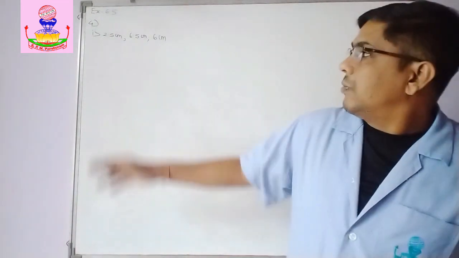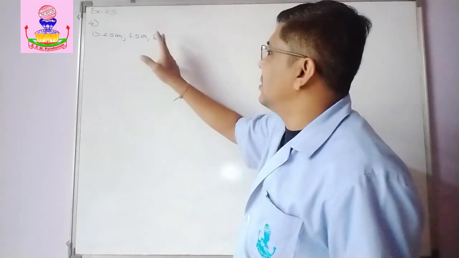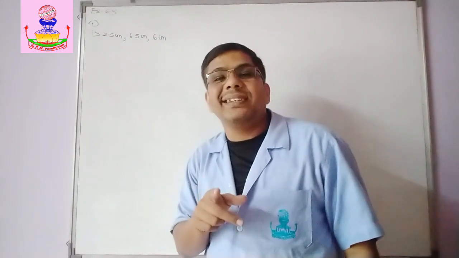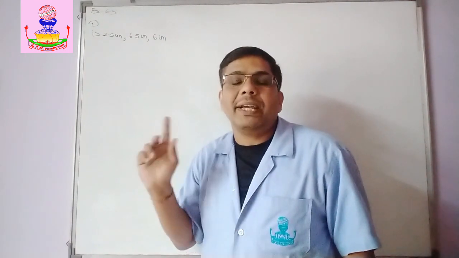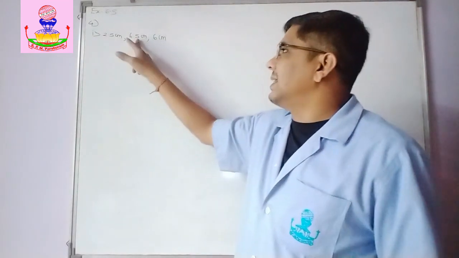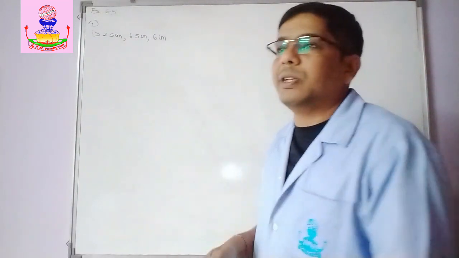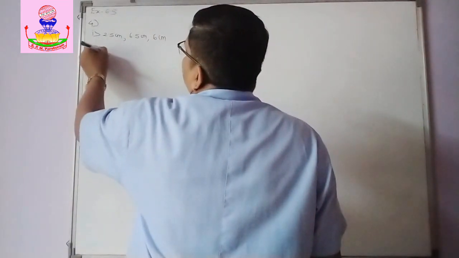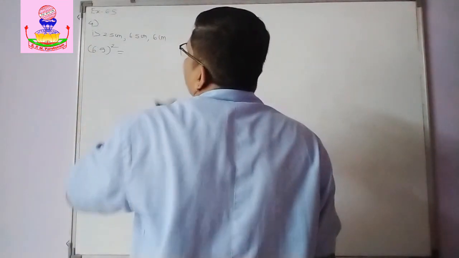It is given 2.5 centimeter, 6.5 centimeter, 6 centimeter. We know that the longest side of a right angle triangle is always the hypotenuse. Here the longest side is 6.5 centimeter. What is its square?